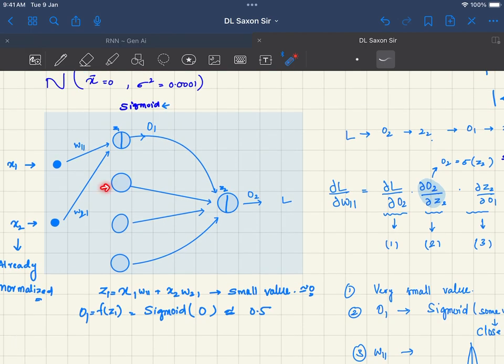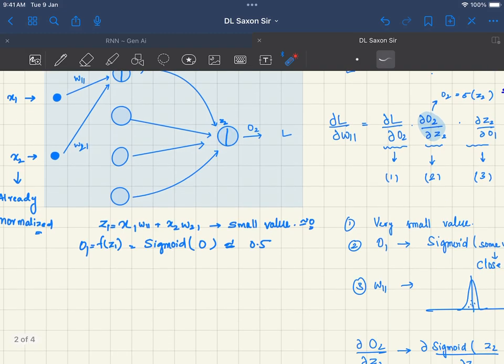Likewise, for the other neurons, the same thing is going to repeat. All the outputs from these neurons are going to be small, and the weights we initialized are also very small. So the aggregated sum of all these weights and outputs, Z2, is also going to be a very small value close to 0.